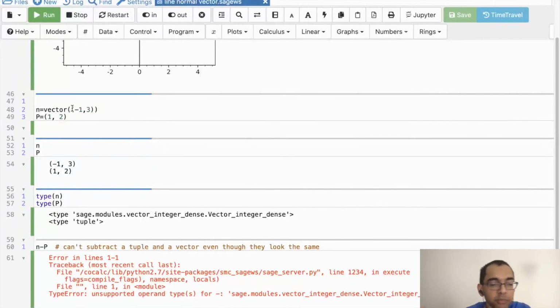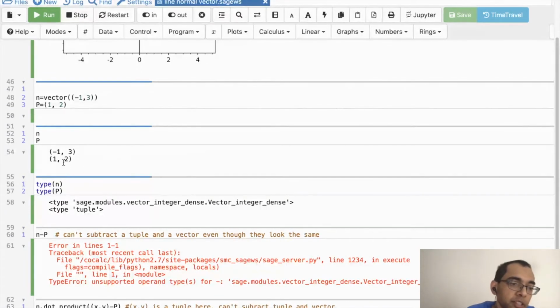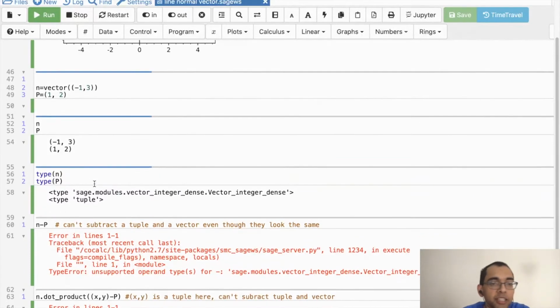If you use single parentheses, you'll get an error. Then let p be the tuple (1, 2). When I ask what n and p are, n is this and p is that, and they look like the same type of object. From a mathematical perspective, yes, they are, but from a computer science perspective, they're different.